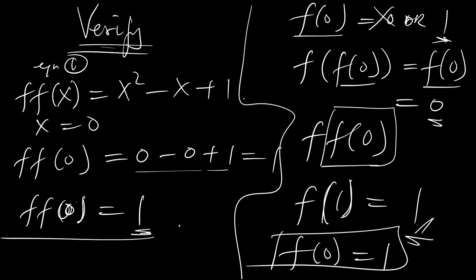But for 0, it is wrong, because 0 is not equal to this one, whereas here 1 is equal to this. So the right answer for f of 0 is equal to 1.